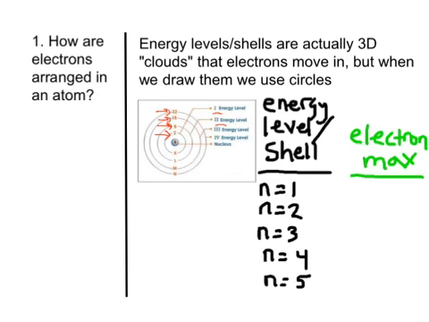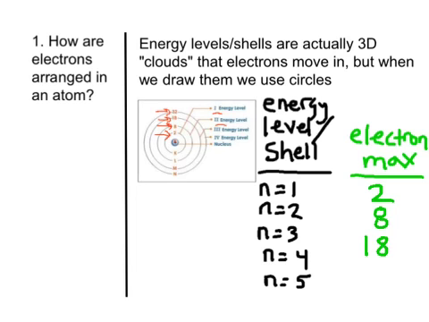So if we make a chart that has energy level or shell number on the left and electron max on the right, for that first energy shell, number 1, it's going to have a maximum amount of 2 electrons that it can hold. Now the second energy shell, or N2, can hold 8. Okay, and the third energy level can hold 18.